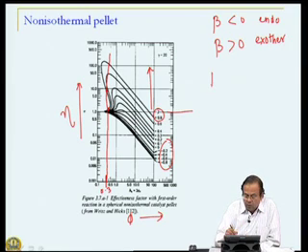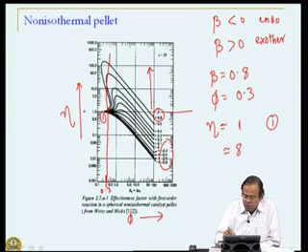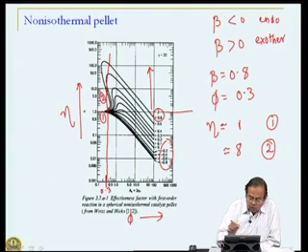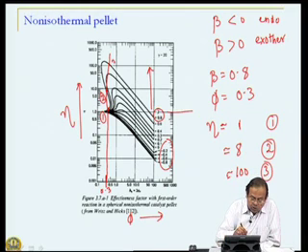In fact, for beta equal to 0.8, Thiele modulus equal to 0.3, I could have an effectiveness factor which is close to unity, that is my solution 1 over here, an effectiveness factor which is almost equal to 8 or 9, let me put some value 8, which is my solution 2, and an effectiveness factor which could be as high as 100, this is my solution 3.